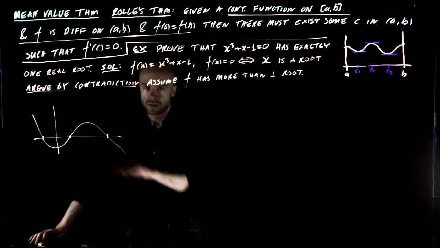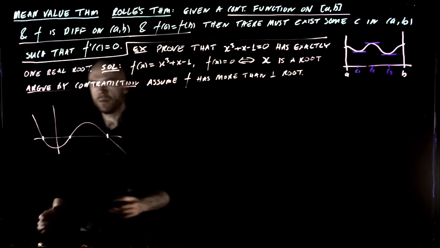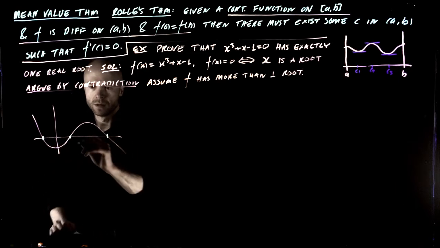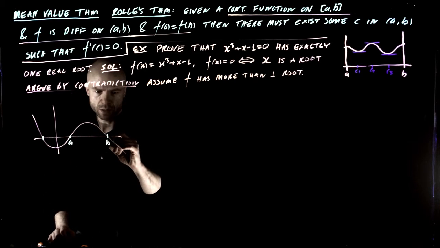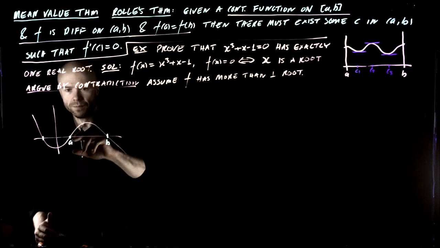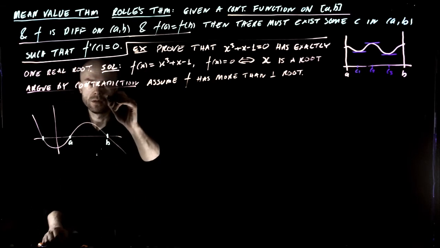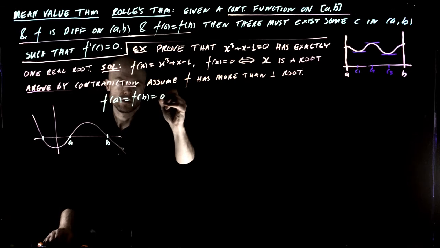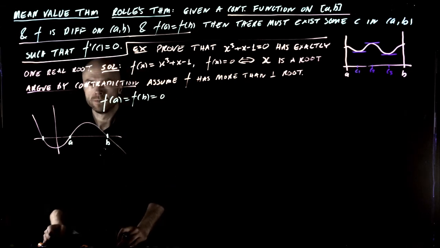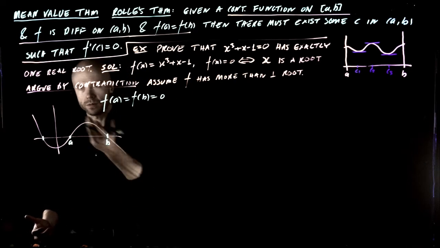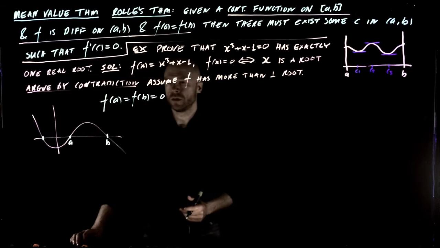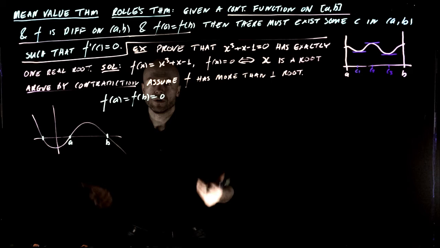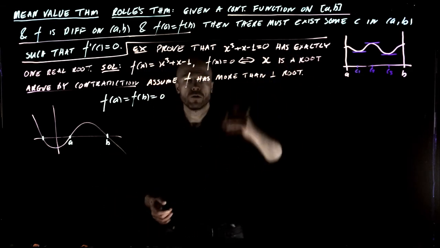If we look at one of these intervals, for example from here to here, let's call this A and this B, then our function has the property that f of A equals f of B, which equals 0, because A and B are roots. So between A and B, we satisfy all the hypotheses of Rolle's theorem.